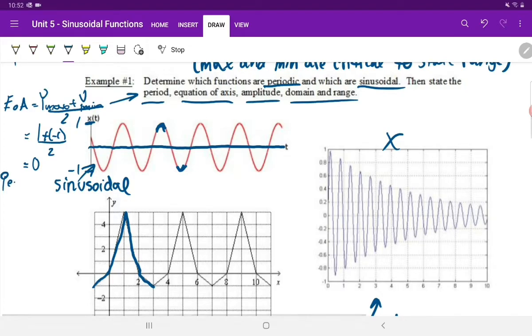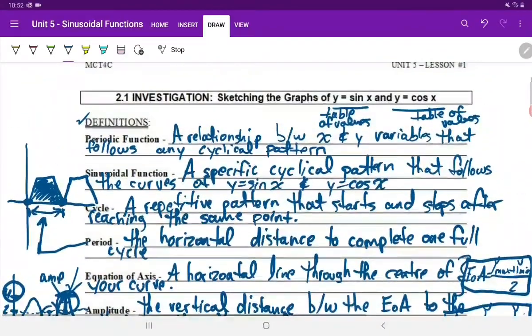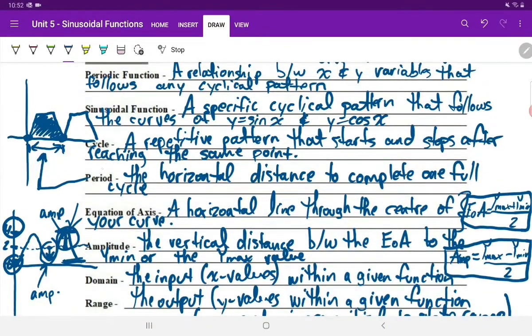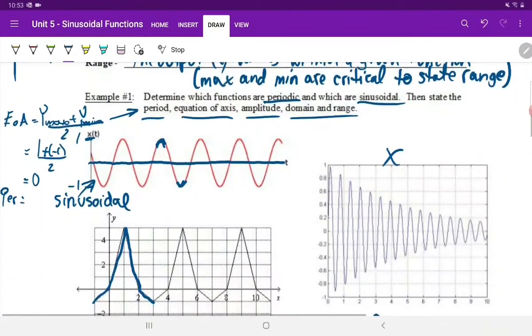My period, remember what the term period means. It is the horizontal distance to complete one full cycle. Hard to tell here, obviously, because we do not have any units on my x-axis, but it's the horizontal distance.